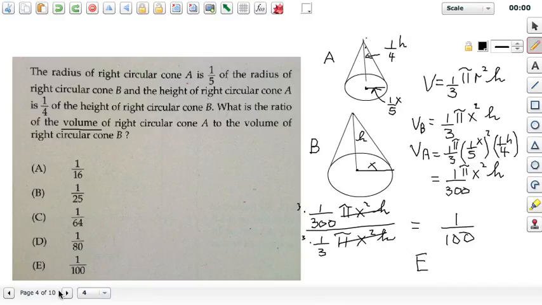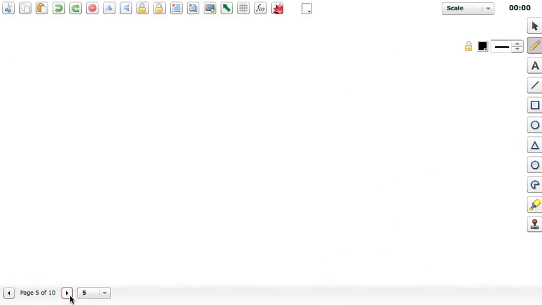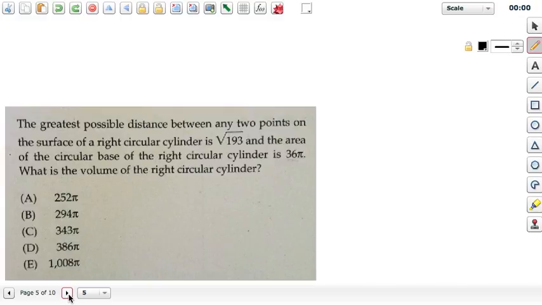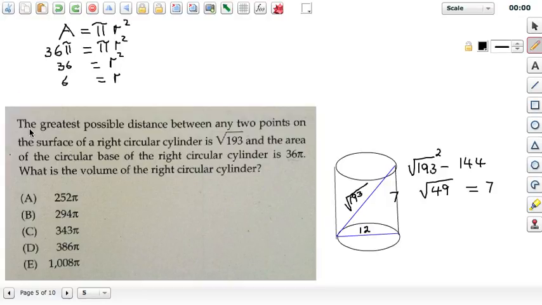Okay, you can either pause the video and think about this problem, or you can move on to the next problem and then pause the video and try this on your own. Go ahead and read this question. The greatest possible distance between any 2 points on the surface of a right circular cylinder is square root of 193, and the area of the circular base of the right circular cylinder is 36 pi.